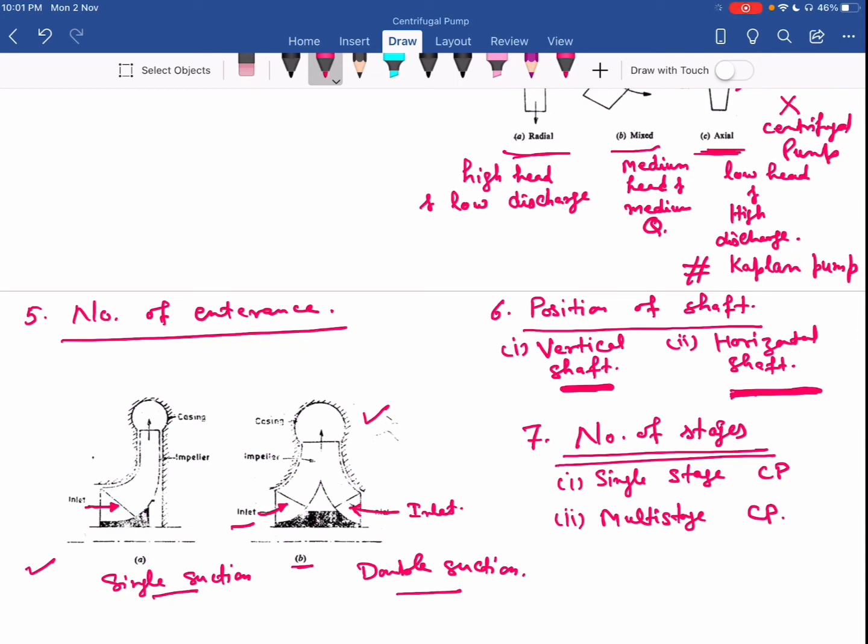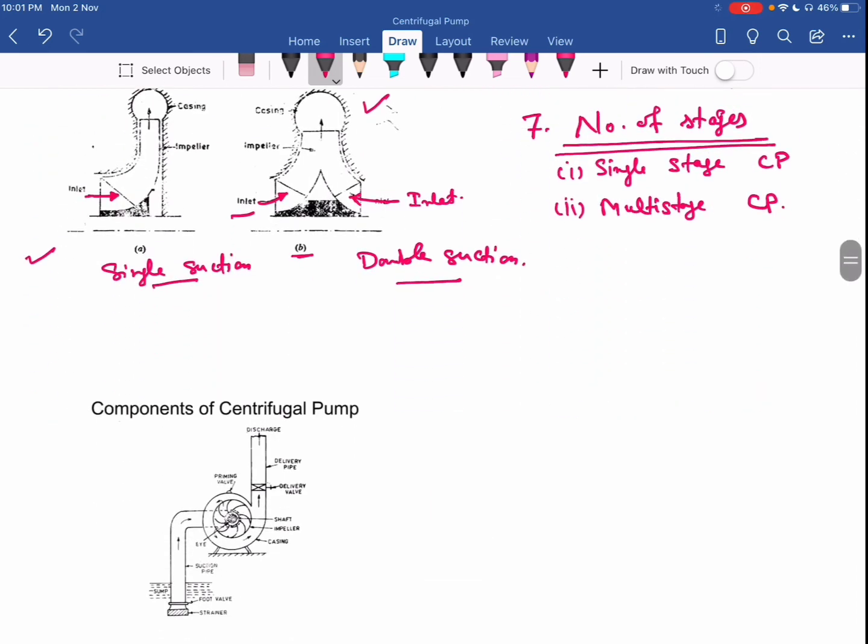Now, in case of multi-stage pumps, we have more than one impeller mounted on a single shaft, and in between two impellers, we have a row of guide vanes. That set we enclose in a closed casing. So that becomes our multi-stage pump. These are the different classifications of centrifugal pumps.